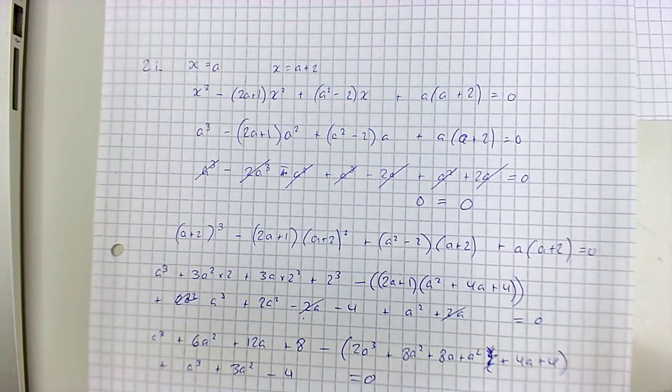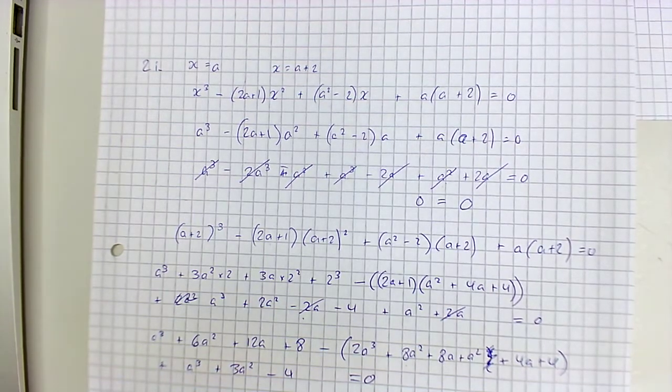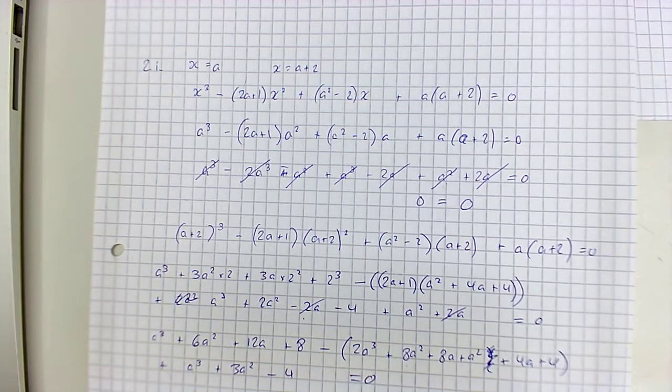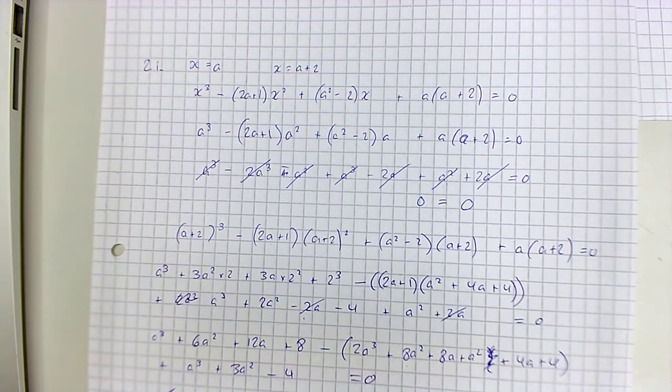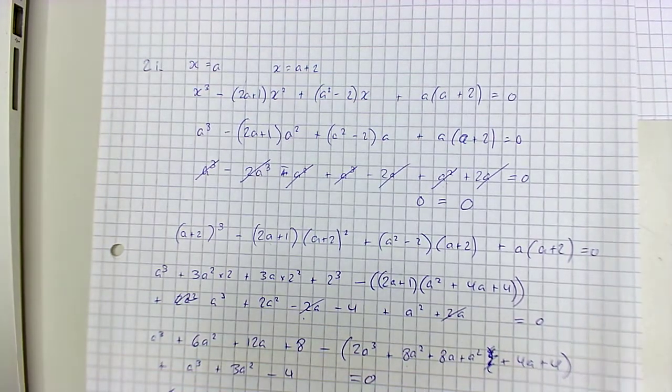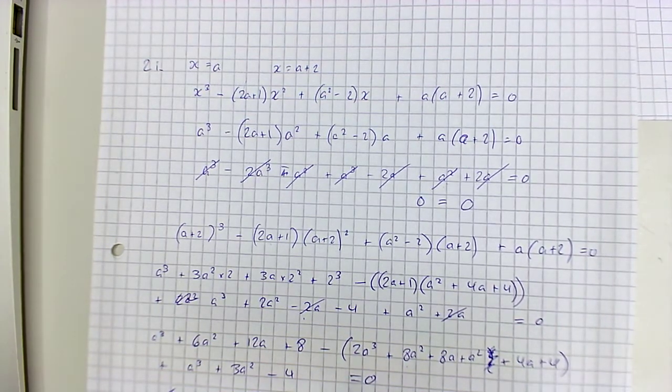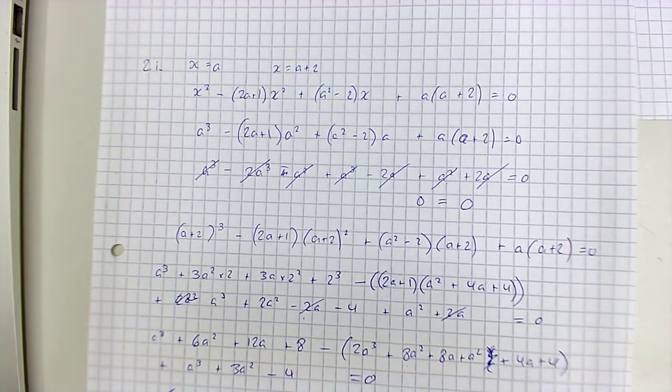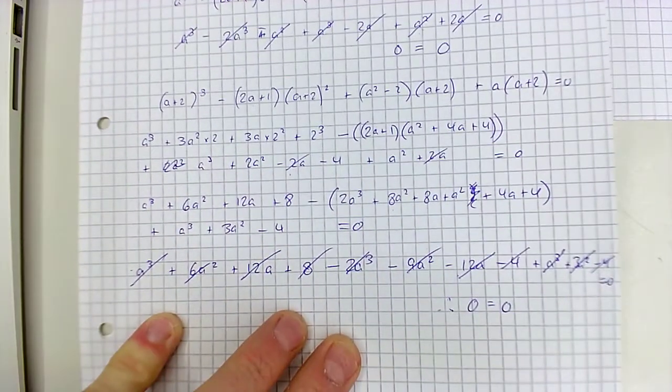We've got plus a cubed plus 3a squared minus 4 equals 0. So a cubed minus 2a cubed plus a cubed cancels. 6a squared minus 9a squared, so we've got minus 3a squared plus 3a squared. It all cancels out. 12a minus 12a cancels. 8 minus 4 cancels. So I've got, therefore, 0 equals 0.